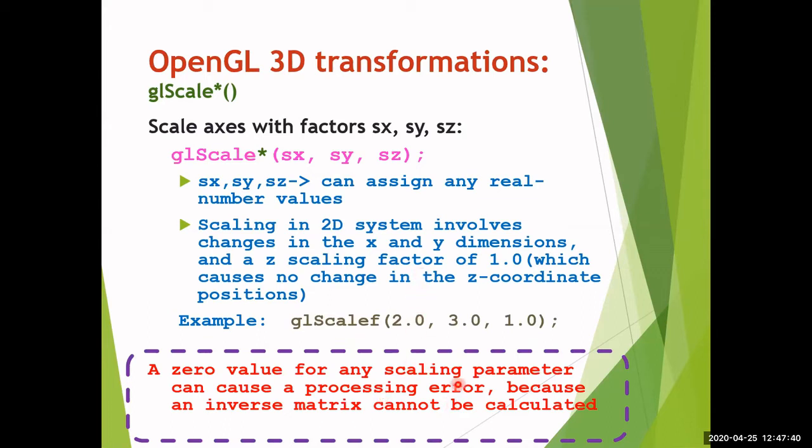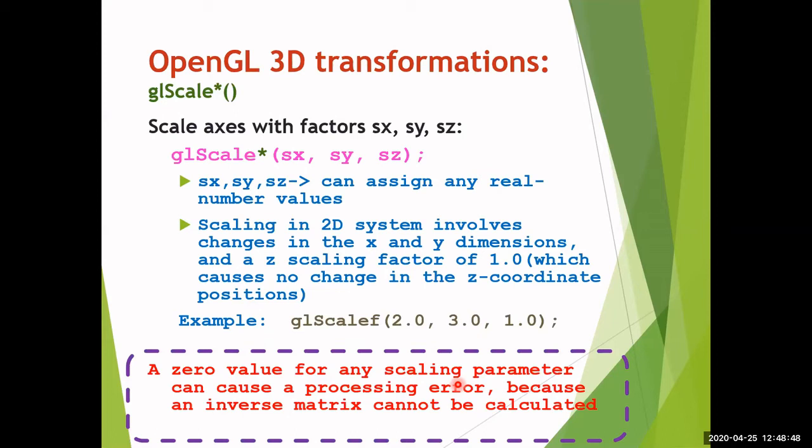Most of the time, complex objects will be drawn in OpenGL, so composite transformations will be applied.